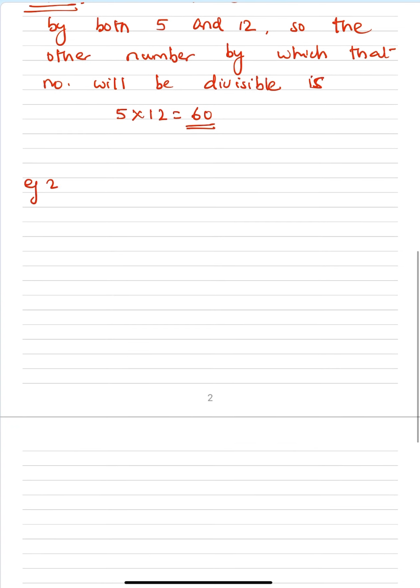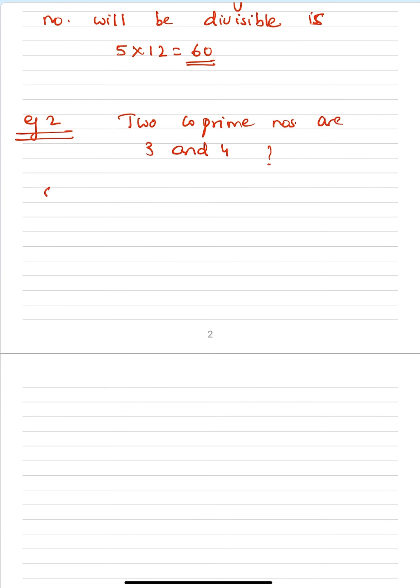Let us take another example of the same sum, but we will take another two co-prime numbers. Two co-prime numbers are 3 and 4. Now you know the sum, the statement is written above. So here the solution will be what?